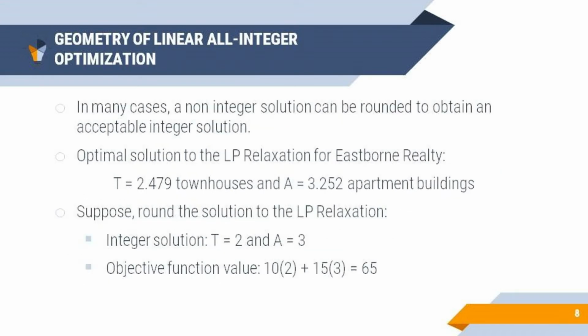In many cases, a non-integer solution can be rounded to obtain an acceptable integer solution. As we learned about rounding numbers in elementary school, middle school, even high school, we did math and we always rounded those numbers.